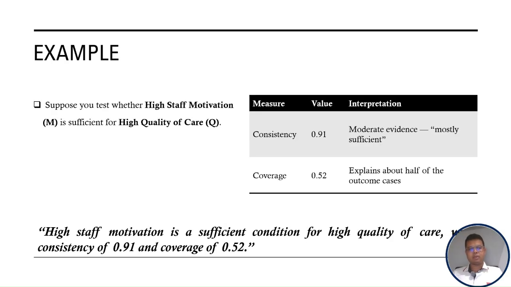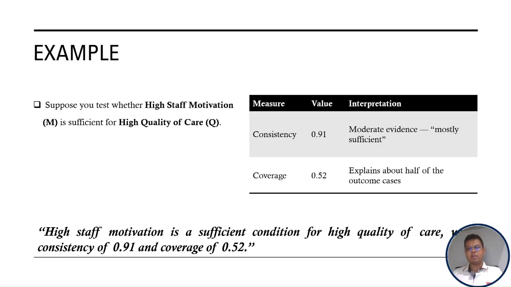So let me make it clearer with an example. Say you test whether staff motivation is sufficient for high quality of care. After testing, we'll have two results. One is coverage, which indicates the outcome cases, and another is consistency, which indicates the sufficiency level.